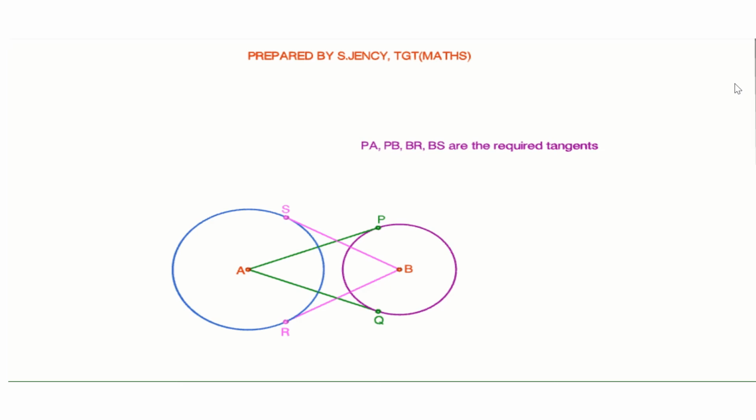I am joining the line. Next, the intersection point I am marking, keeping that as center, and I am drawing another circle. After that, the points where the circles intersect, I am marking, and I am joining the tangents. Clear?